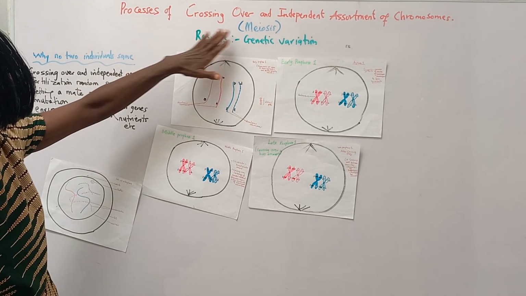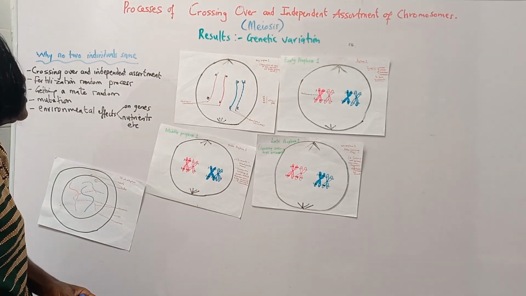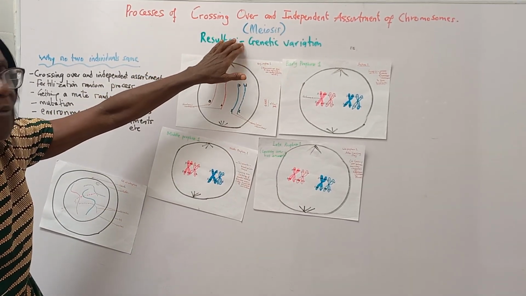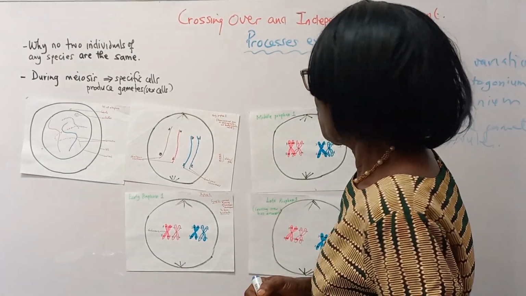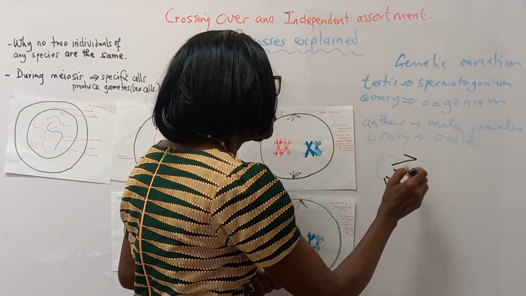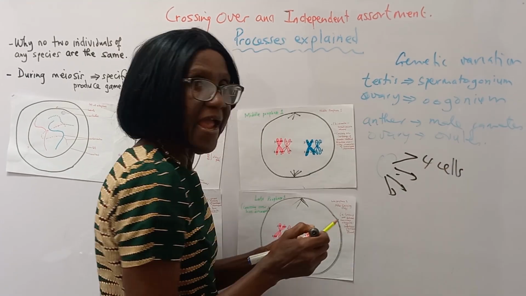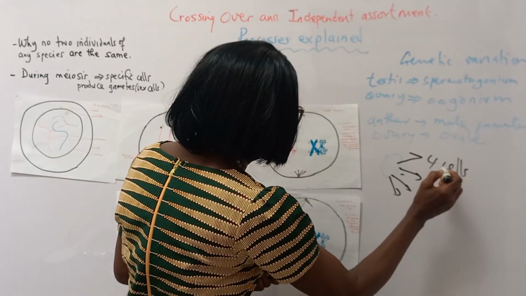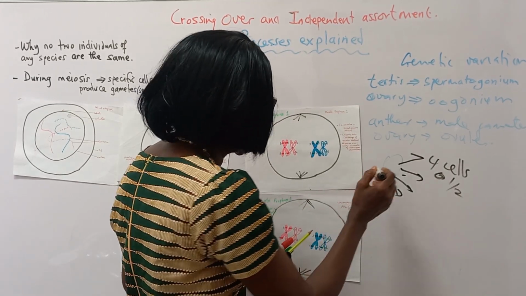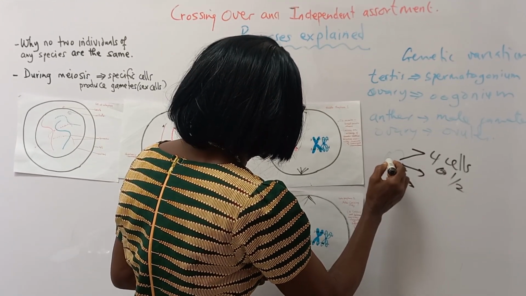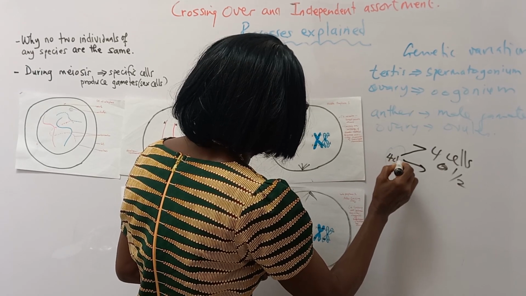Now, the process of crossing over and independent assortment in meiosis. Meiosis is a type of cell division. In meiosis, one cell produces 4 cells, and each of the 4 cells has half the number of chromosomes that is in the original. So we start with one cell, it has 4 chromosomes.